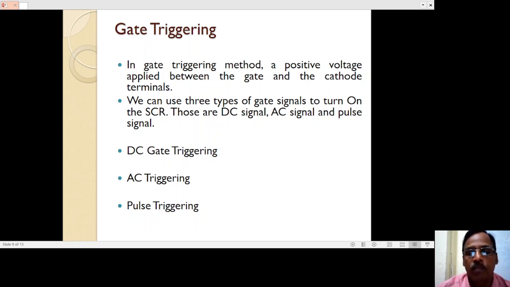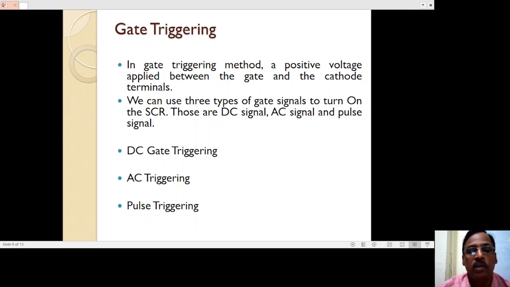When the SCR is in forward bias condition, we can apply a very small pulse across gate and cathode so that your SCR will turn on. Because once the SCR is turned on, the gate has no control over the conduction or commutation. Only the gate pulse is used to turn on the SCR.